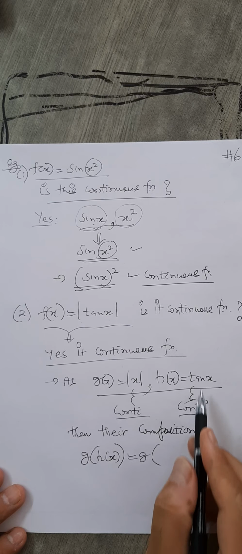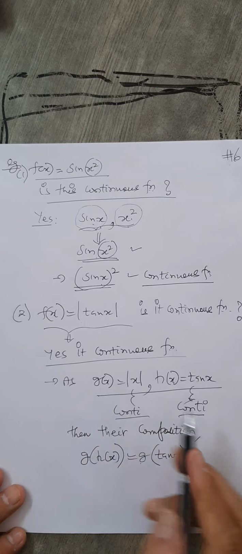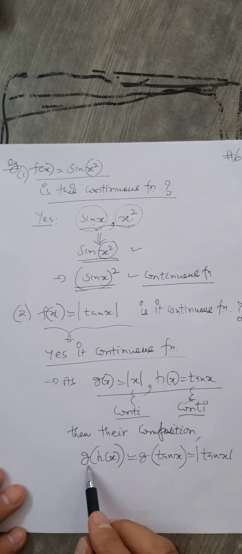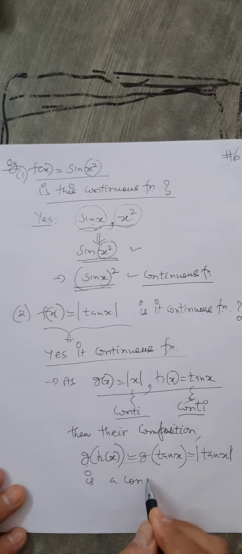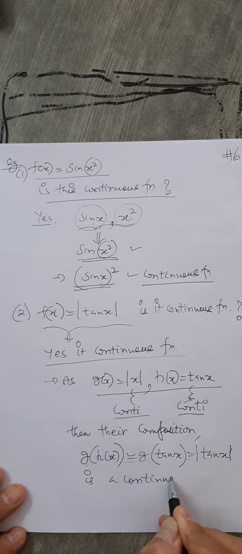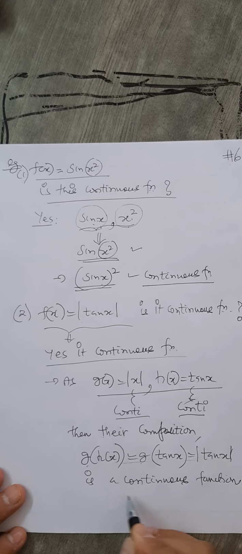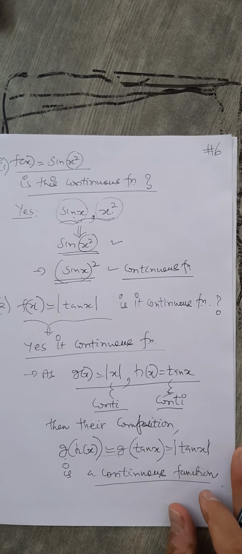So g of h(x) means tan x inside, and g means modulus, so modulus of tan x. This composition is a continuous function in a proper domain. So some simple questions you can answer in this way. Composition of two continuous functions is always a continuous function, remember.